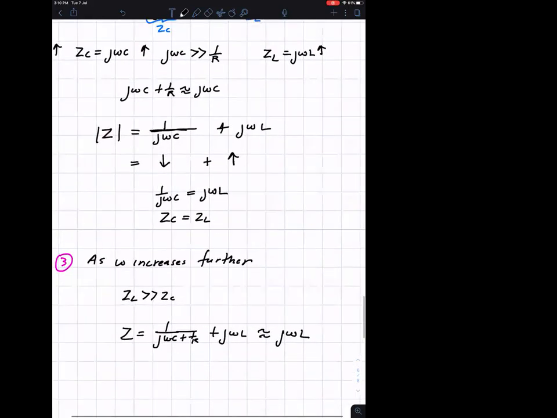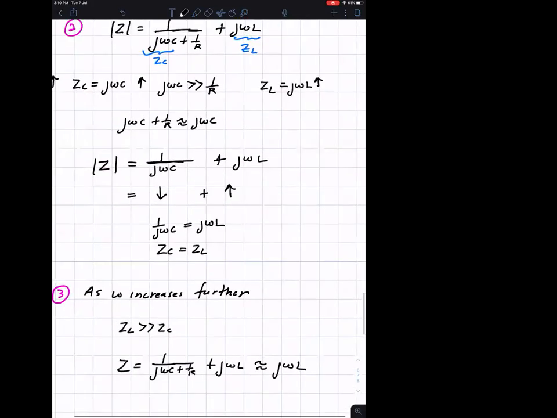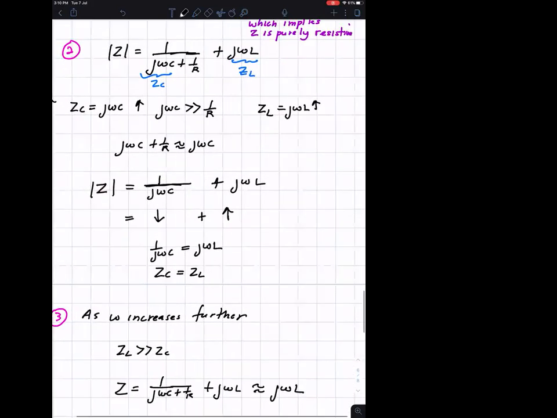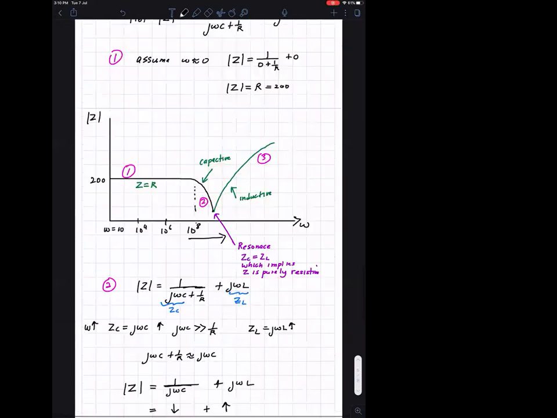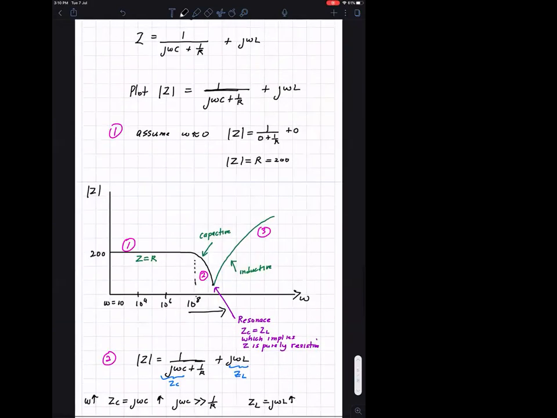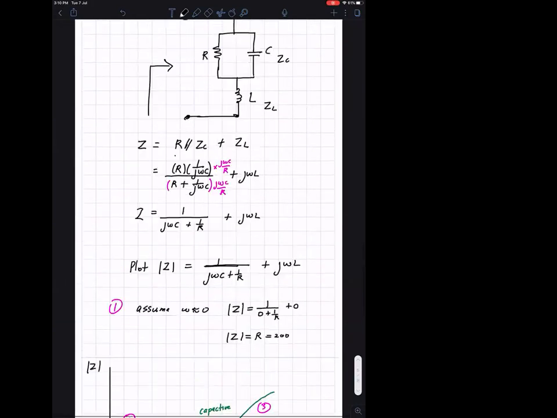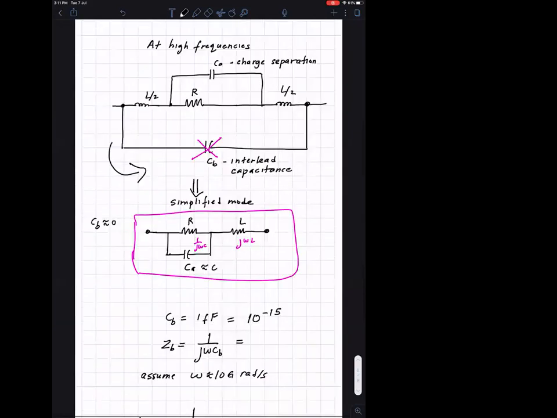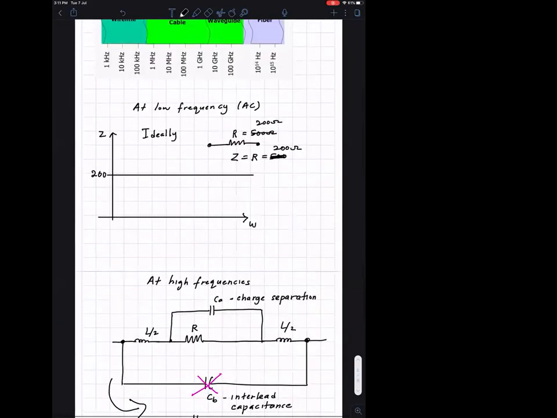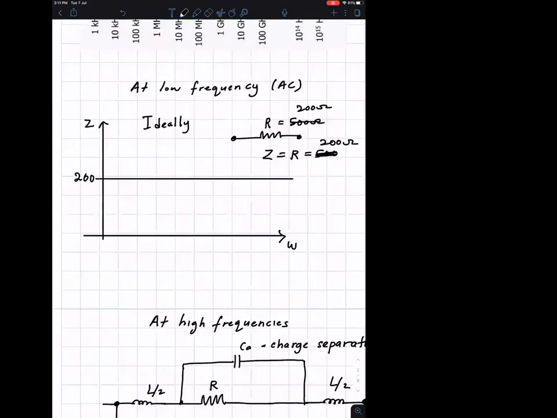Okay, I'm not going to be asking you to do all these things, but just to show you what can happen at high frequencies. At low frequency, this is a simple equation, Z equals R. So simple.